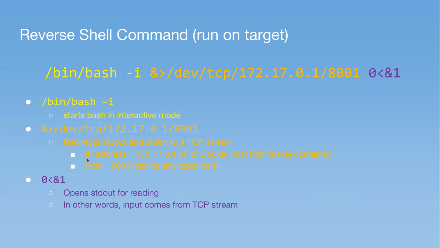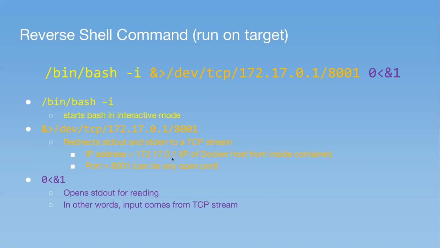It redirects it to IP address 172.17.0.1. And it's important to understand that in Docker, by default, when you create a container, according to the container, the host has the IP address 172.17.0.1.